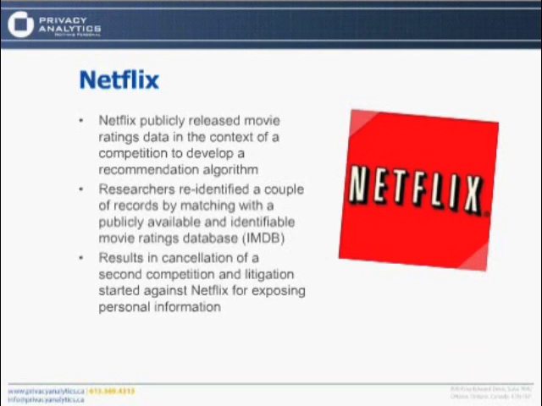They wanted to develop a better algorithm to recommend movies, with a large cash prize, and so they made this data available, and researchers matched the Netflix data set with another publicly available identifiable data set, the IMDb database, which is another movie ratings database. Because of this attack, a second competition that was attempted by Netflix was canceled, and there was some litigation that followed because of this alleged re-identification attack.